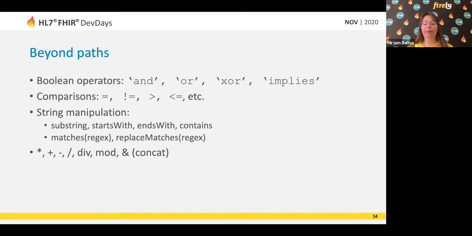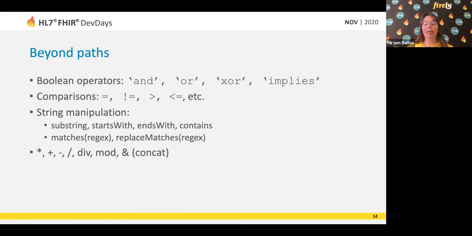So I mentioned and, or in that previous slide, but also quite often we see implies, which is an operator where, if the first part of the expression evaluates to true, then the second part after the implies needs to also evaluate to true for the complete expression to evaluate to true.